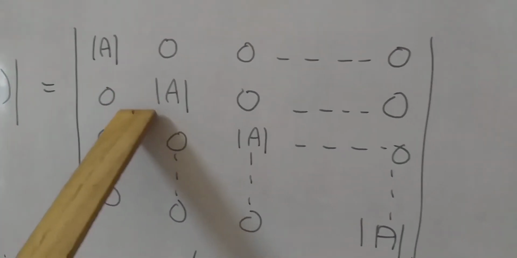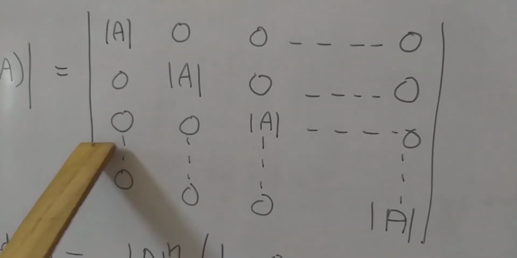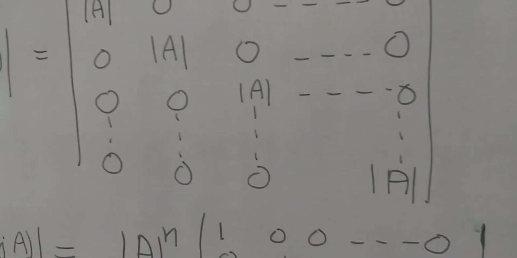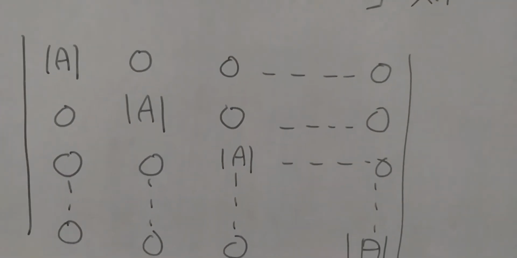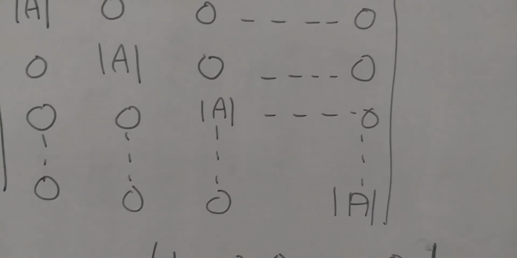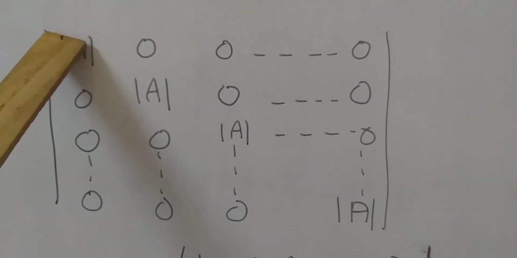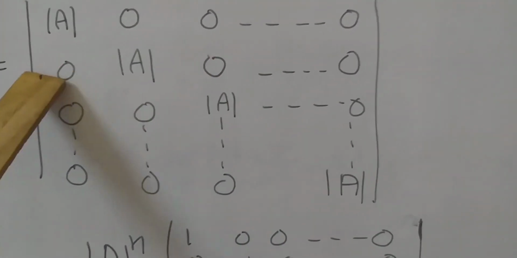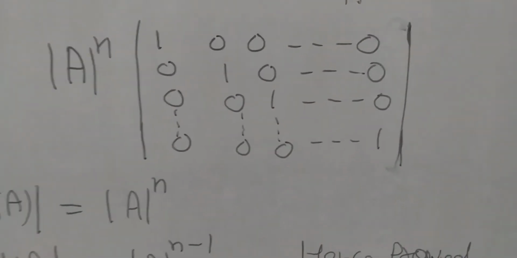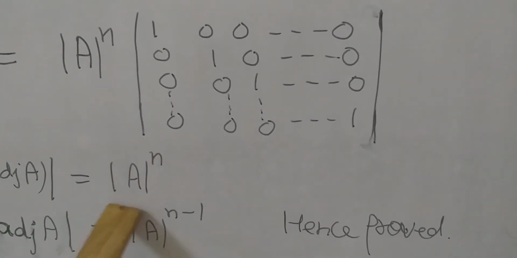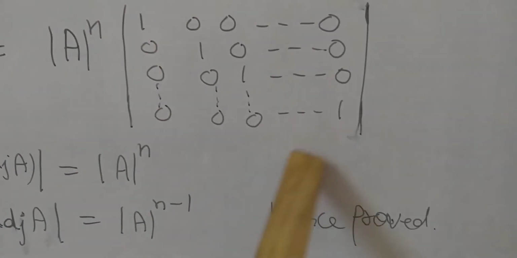The determinant of A. Here also determinant of A. Here also determinant of A. Here also determinant of A. So determinant of A is common up to n times, student. What can we write here? 1 0 0, 0 1 0, 0 0 1, like this we have to write. So determinant of A n times into this.